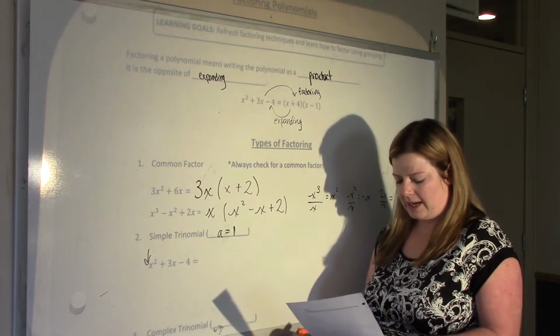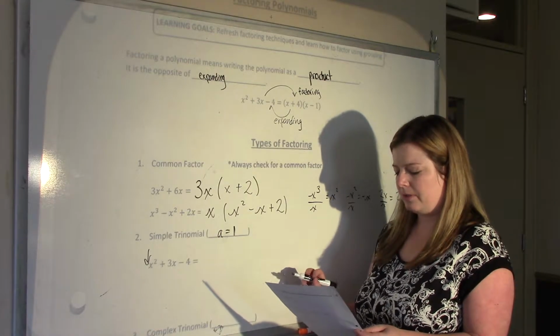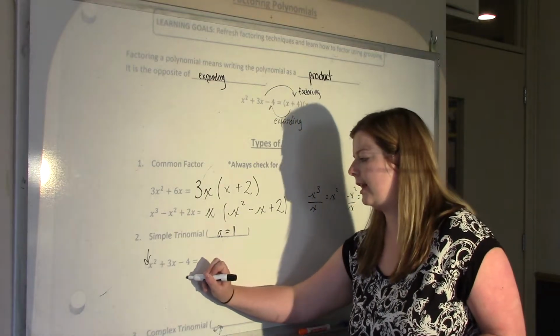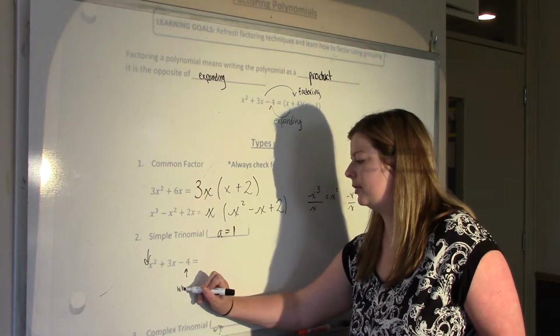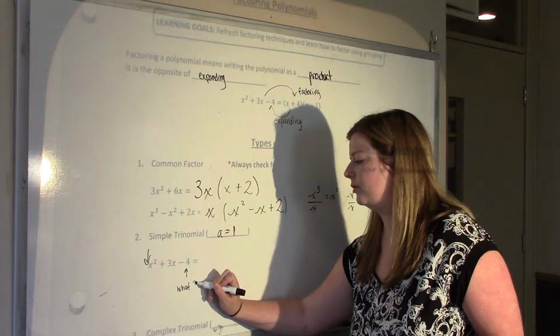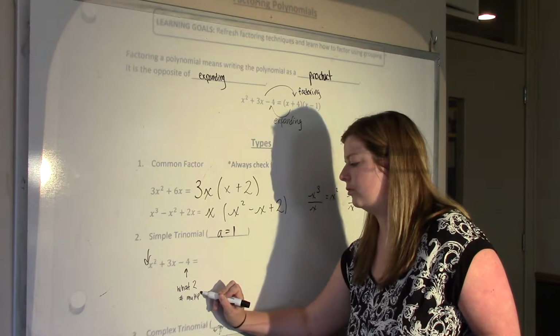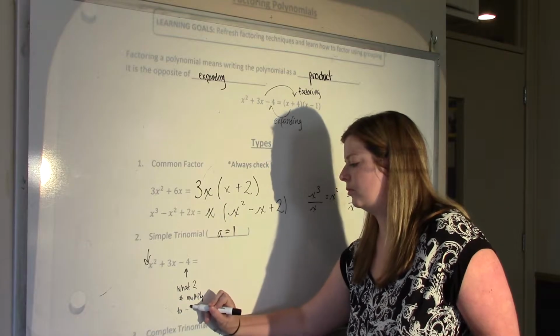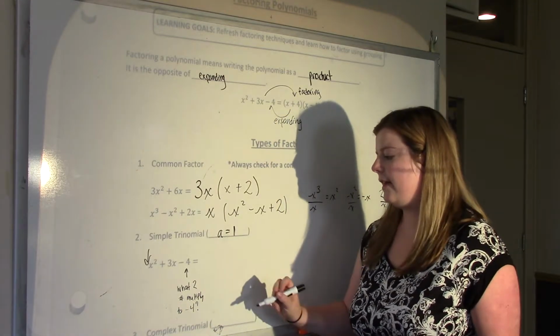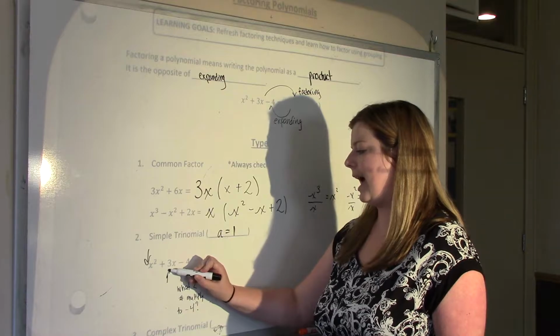Then you just need to come up with 2 numbers that multiply to negative 4, and then the same 2 numbers that add to 3.